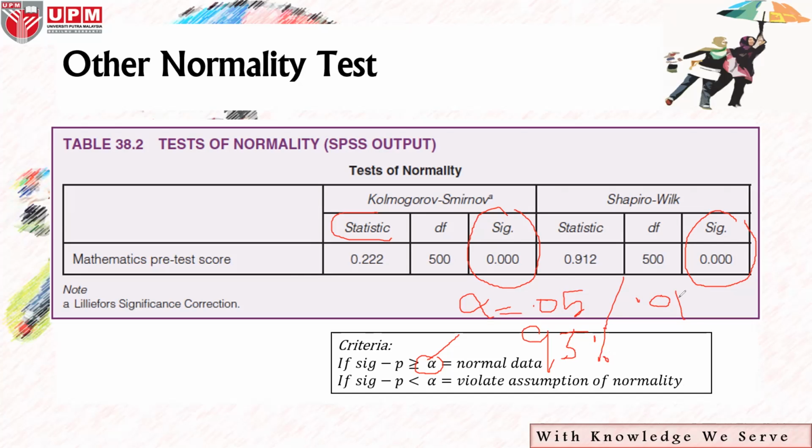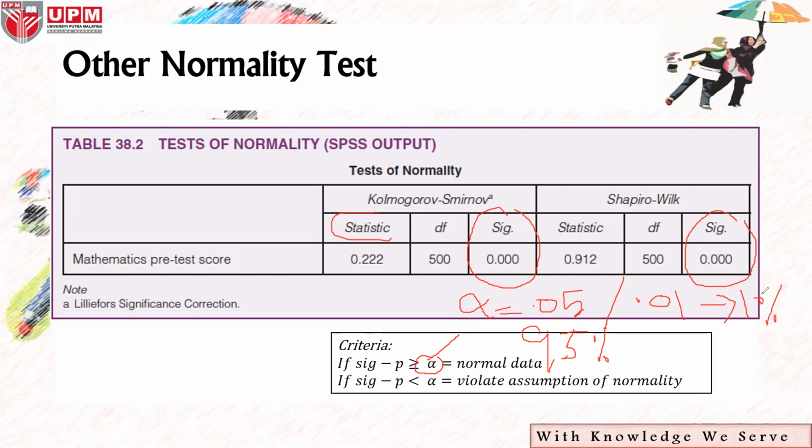Meanwhile, 0.01 means we only accept 1% error. As a researcher, we need to know that there is no research that is 100% perfect, takkan ada. So we must set at least 1% or 5% error in our finding.